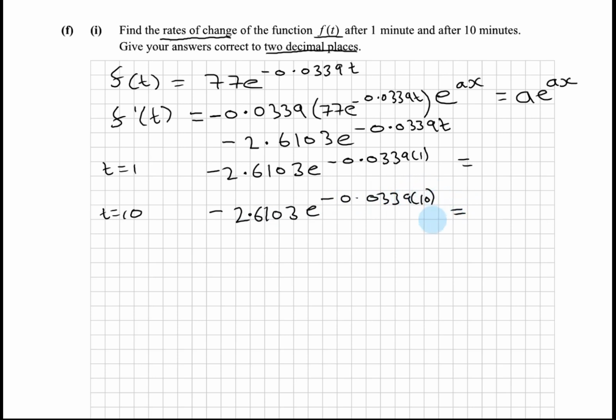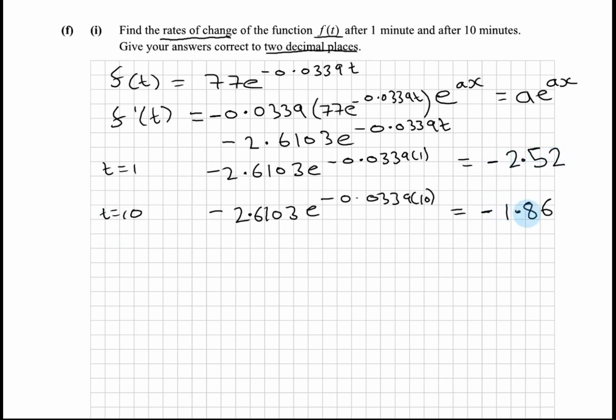By 10 minutes, what we get is minus 2.52, so we can see it's a negative slope, minus 1.86. And then we get these answers, 2 negative slopes.